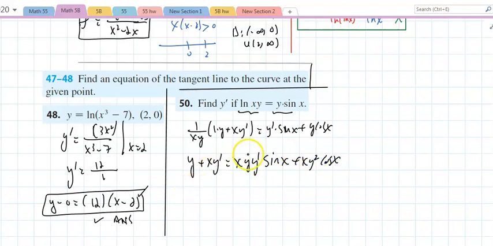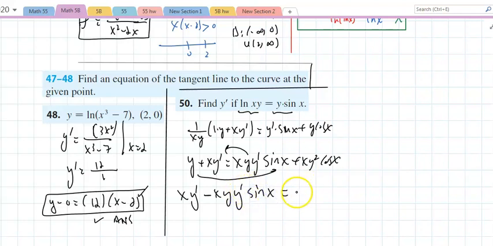I would get all the y primes on one side, everything else on the other side. Xy prime minus xy y prime sine of x equals negative y plus xy squared cosine of x. Since y prime is common in both, I would factor that.